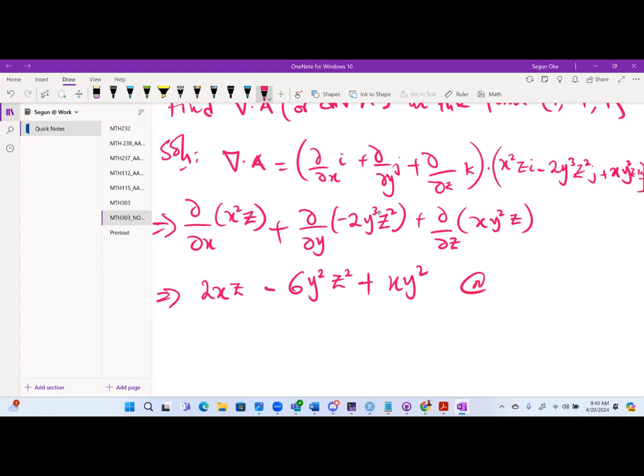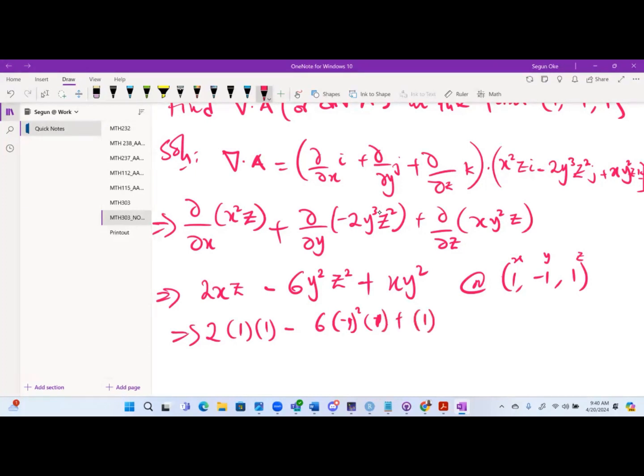But at what? At (1, -1, 1). Anywhere you see x, this is your x, this is your y, this is your z. That's the meaning. So you have 2 into 1 multiplied by 1, minus 6 into negative 1 squared, times 1, plus 1 into negative 1 squared.